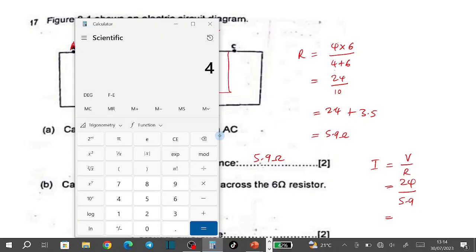4 times 6, 6 times 4, divided by 10, 2.4 here, plus 3.5, 5.9 here. So 24 divided by 5.9 equals, it is giving me 4.06.